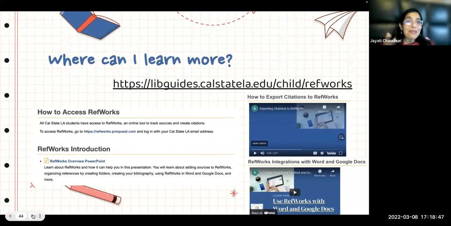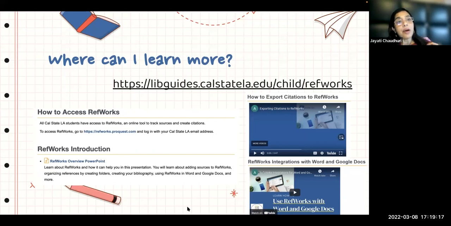Okay, I know I'm sharing a ton of information with you all. I know it is helpful, but it's a lot. So I have actually given you a link to the page where you can see two separate video tutorials on how to export citations from databases to RefWorks, and how to integrate RefWorks into your Google Docs and your Microsoft Word document.